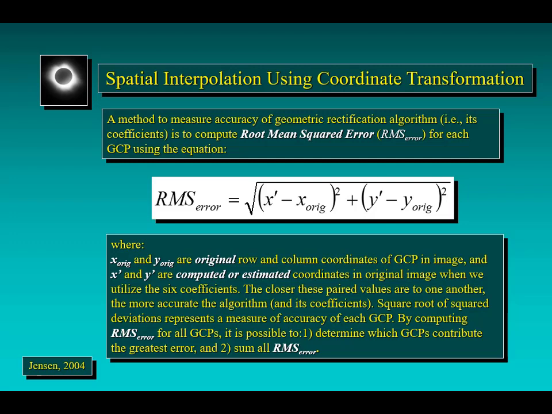As we either fudge or modify the locations of some of the ground control points in order to minimize their error, or as we delete some of those ground control points that cannot be well corrected, we can see how that changes the overall root mean square error of our rectification model.